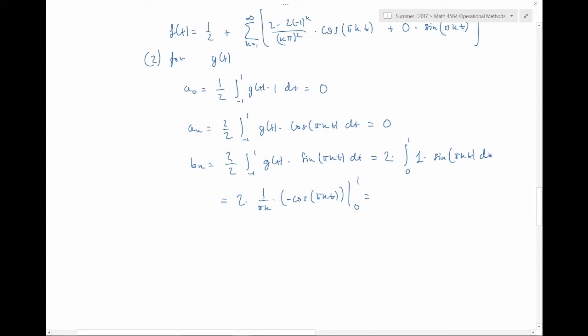So at 1 we get minus cosine of pi k, minus, when t is 0, cosine of 0 is 1, so it's -1. So we simply get 2 times 1 minus cosine of pi k over pi k.